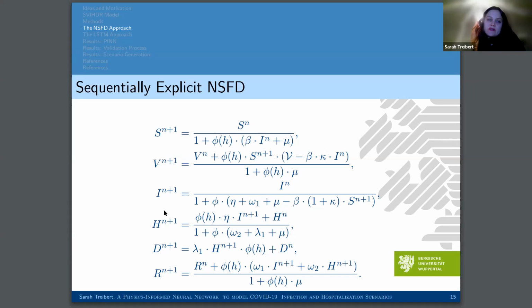And the advantages of NSFD are firstly that it's positivity preserving, meaning that for all initial conditions x0 larger 0 and initial time t0 larger 0, we have got x larger 0 for all t, meaning the system produces only non-negative solutions for positive input. And secondly, it preserves the stability nature of the origin and equilibrium points.